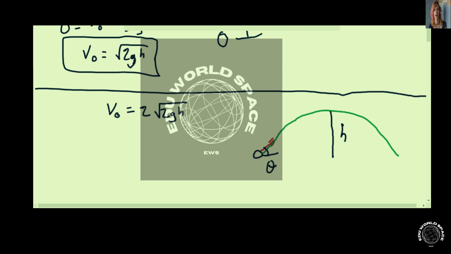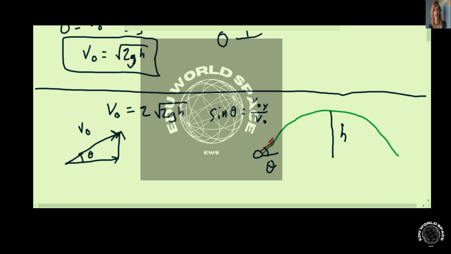So if we draw our triangle over here, we're looking for this angle theta. So we know this is v naught, and if we just use sine theta equals the opposite, we're going to call v naught y, over v naught.